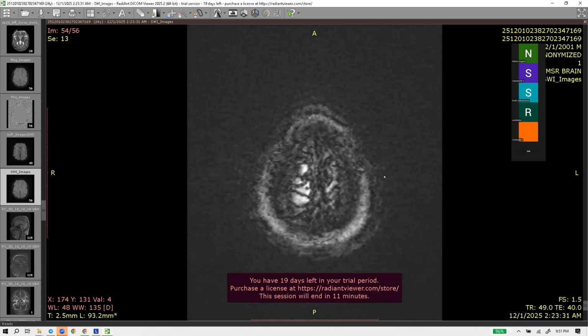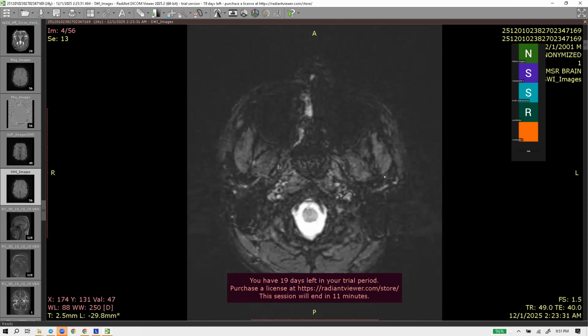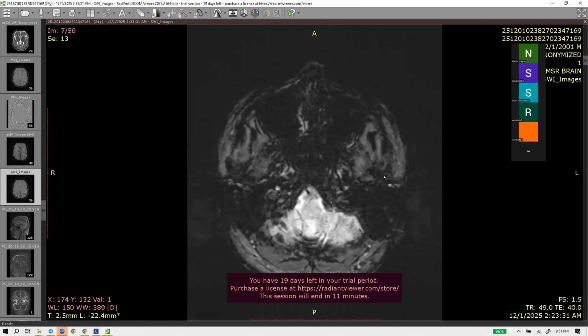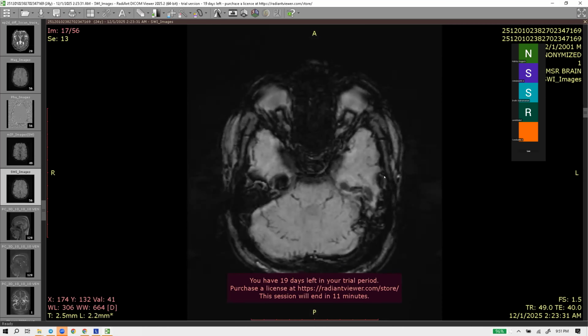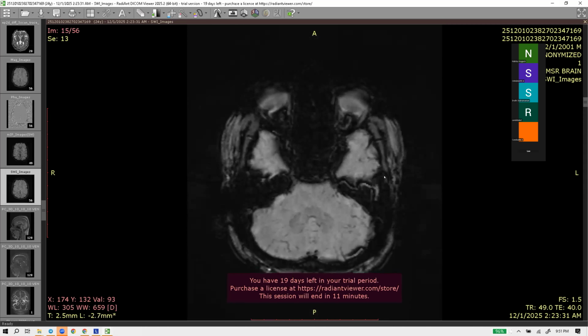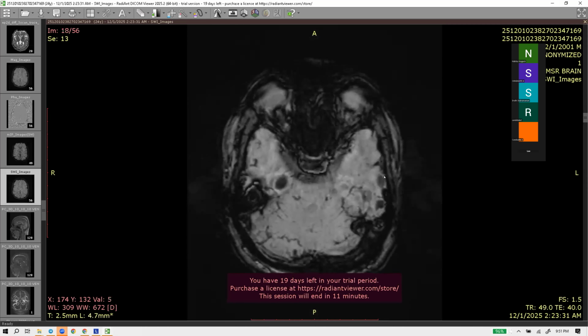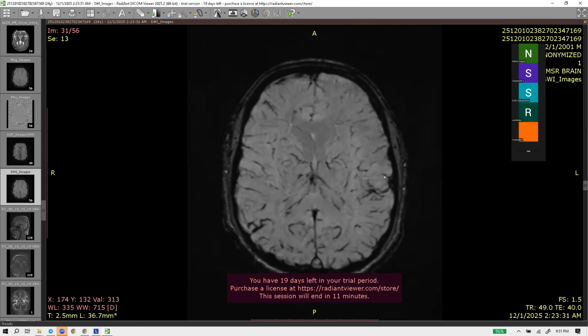I am just first going through the images. There is slight lag on my side. It's okay, go on. Okay, so I'm just going through the images to check for the presence of any blooming artifact to suggest hemorrhage.